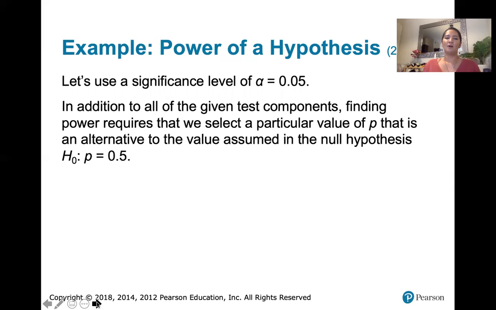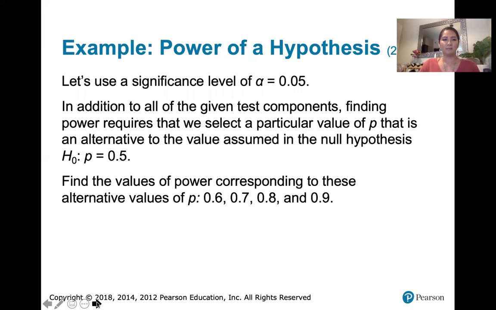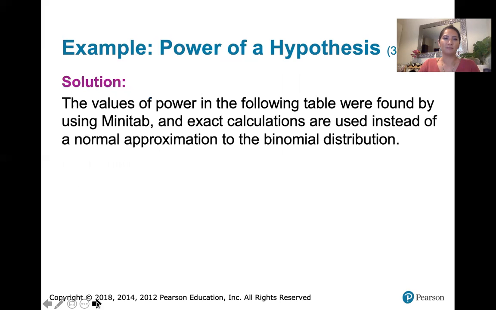But in order to compute power, we need to know, well, what's the difference between that 0.5 and another true population proportion? Maybe 0.5 is wrong. Let's compare that population proportion of 0.5 to possible population proportions of 0.6 and 0.7 and 0.8 and 0.9. For each of those, we can compute the power.